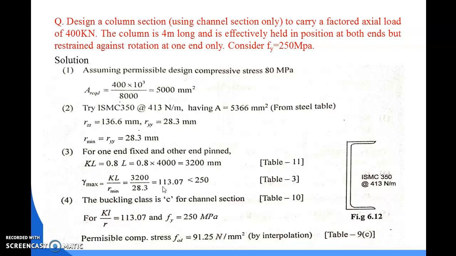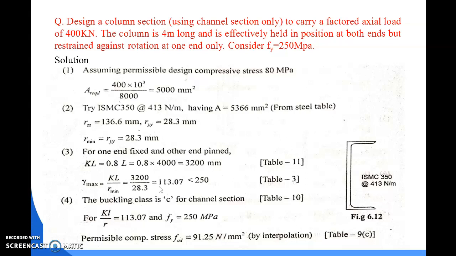There are two FCD values you get, and after that with the help of the interpolation method you can find the FCD value for the 113.07 slenderness ratio, because 113.07 lies between 110 and 120.